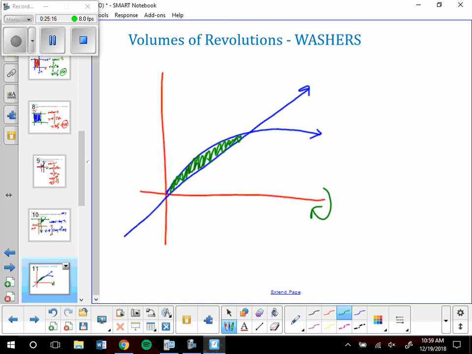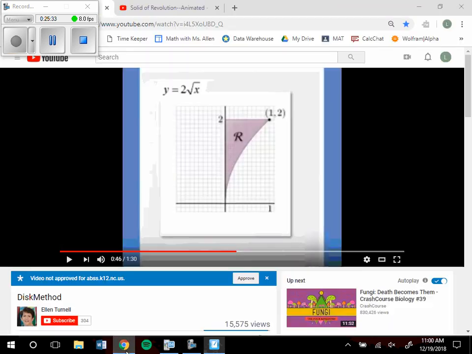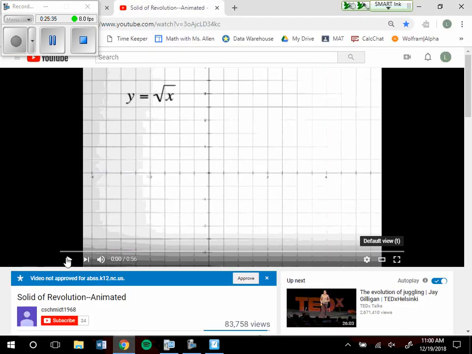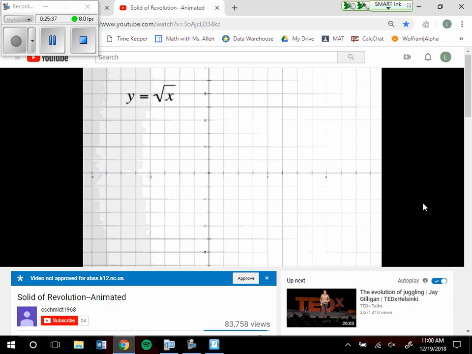When you rotate it, so pull it out of the board and bring it to the back, are you going to have discs? No, what are you going to have? It's going to be hollow. Good. And this is actually, again, easier to see with an animation. So I want you to see what it looks like. I could have drawn a better picture.